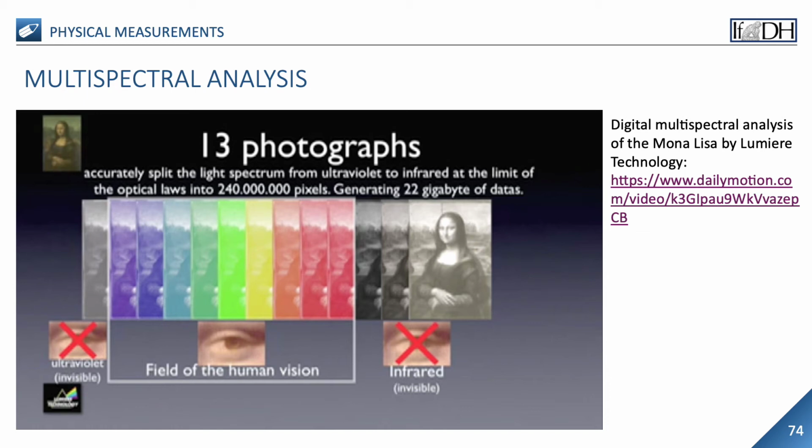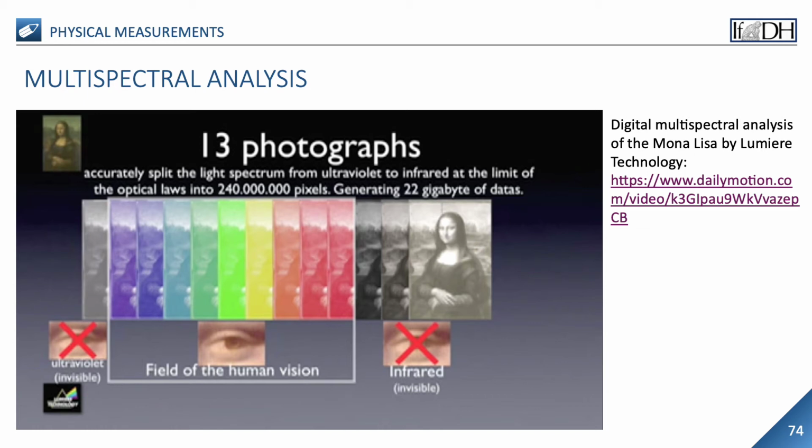A multispectral camera produces 13 photographs along with measurements of the color spectrum of all the points that made it up. A spectrum is the intensity of light waves reflected from a surface. For example, a white surface reflects light in a different spectrum than a red surface, which absorbs part of the light.